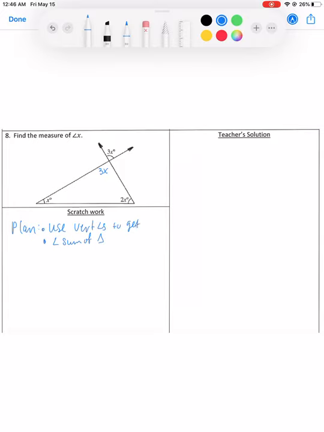I'm going to use vertical angles to get this arbitrary angle here, which I'll call A. It will be discovered that A was 3x using vertical angles. So we use vertical angles to get angle A, and then angle sum of triangle to find angle x. Alright, so that's our plan. Now, we did not know how big this angle was, so we have to label it better.